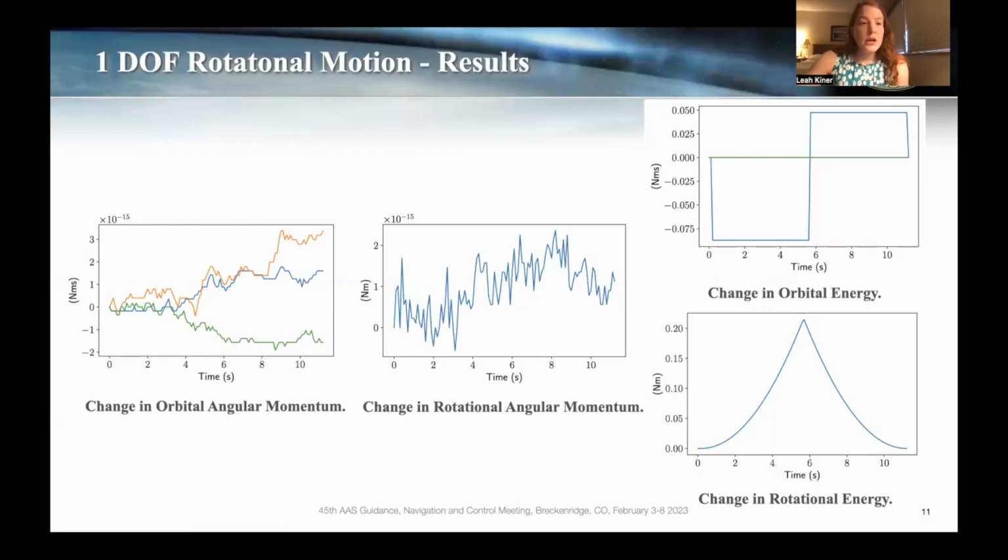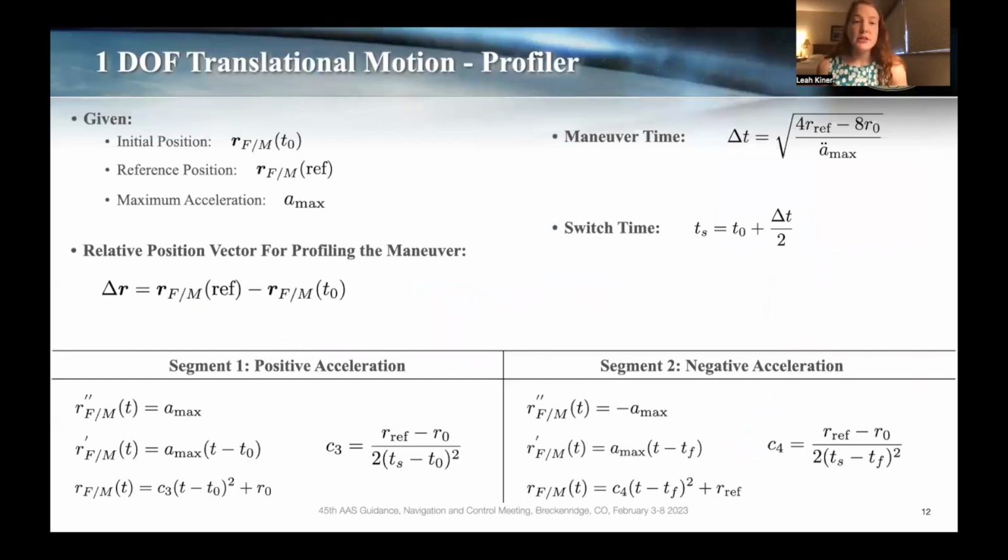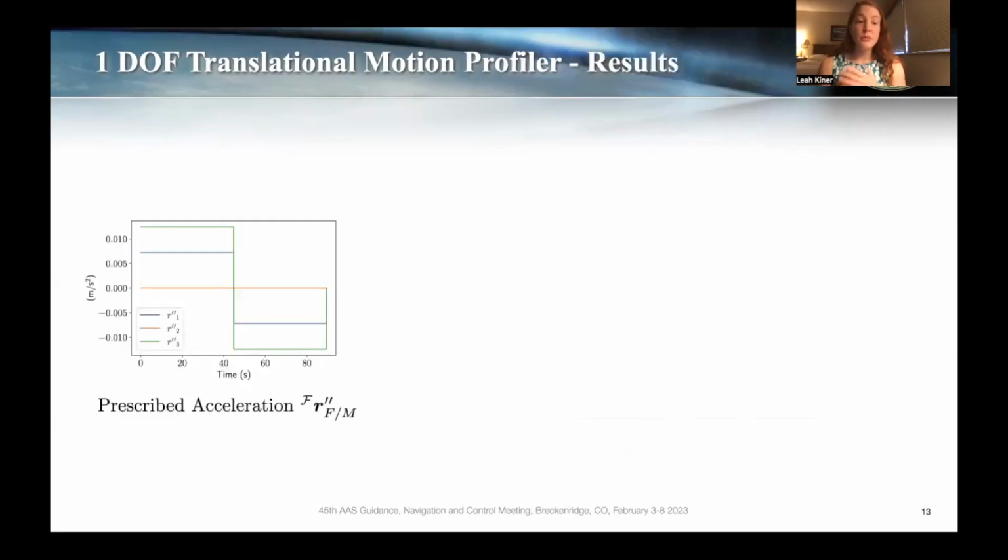So then we did the same thing for our translational profiler. We're given our initial position, our reference position, our relative position vector. And then we again have our positive acceleration segment 1 and then our negative acceleration segment 2. Again, here we are translating about an axis that's sort of an intermediate axis. It's not like our first axis or second axis or any of that.